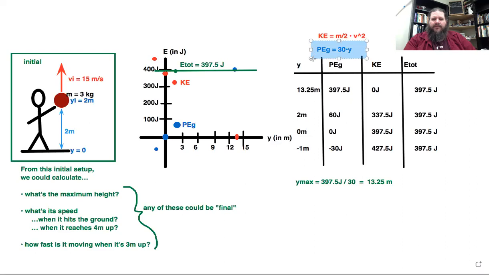So we've got output equals 30 times input. That is a constant times input. If you just graph output equals a constant times input, what shape does that always form? If we're just graphing some function of y equals a constant times y, yeah, that's always going to form a line.